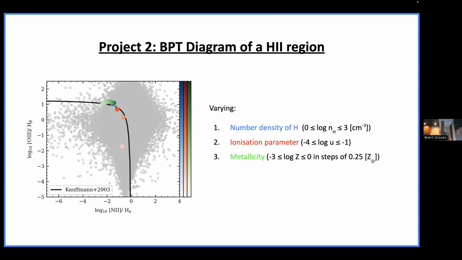Sorry, just one more question. What is the geometry of the density profile? Is it a shell? So basically, we're modeling an H2 region with Cloudy. What you specify is what your star is in the center, and then Cloudy computes.